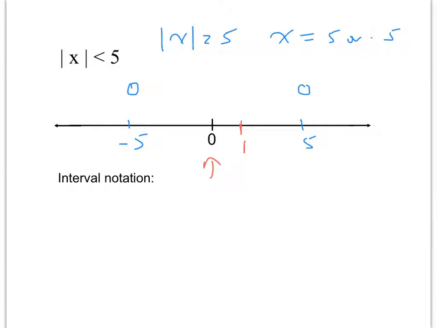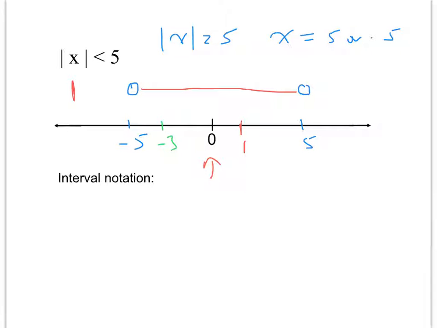If I throw in x equals 1 right here, the absolute value of 1 is 1. Is 1 less than 5? Yes, it is. So I already know my answer is going to be in between. But I could have chosen any point. Like, for example, I could have chosen x equals negative 3.